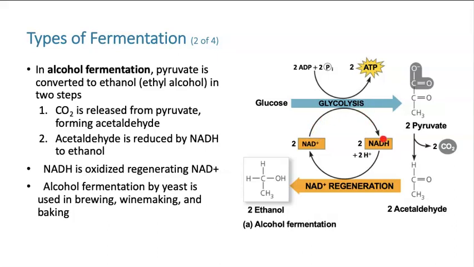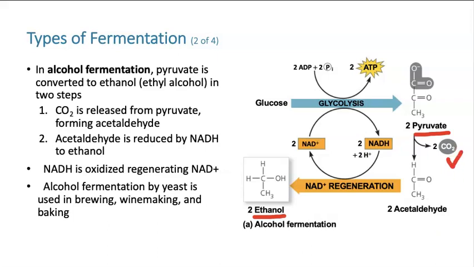So what we're doing here is we're going to regenerate NAD+, and as a byproduct, we're making ethanol. We're making 2 ethanols for every glucose molecule that enters this process. Carbon dioxide is released from the pyruvate here, and we make carbon dioxide as a byproduct.